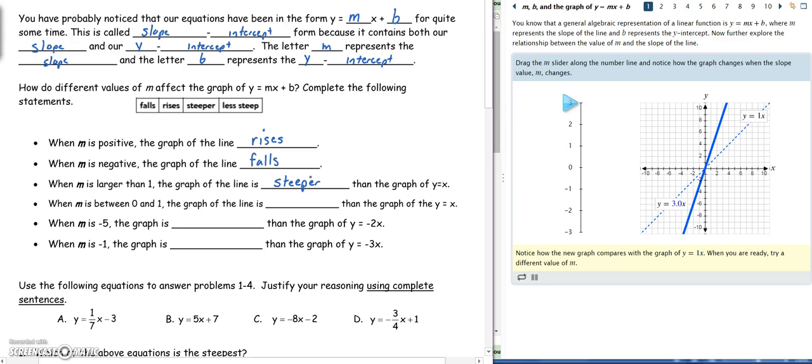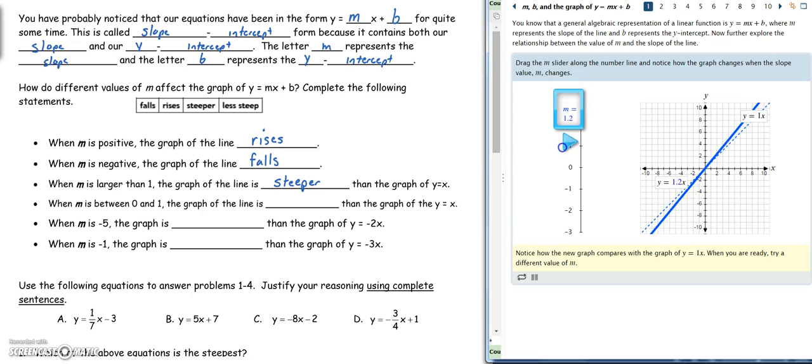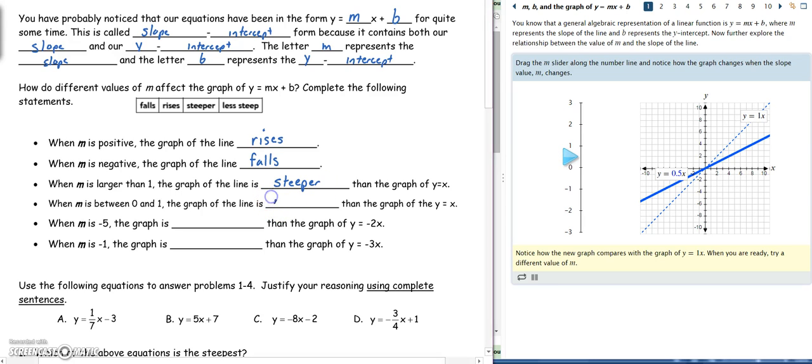When m is between 0 and 1, so if it's a decimal or a fraction between 0 and 1, notice that our line is rising slower, so it is less steep than the graph of y equals x.